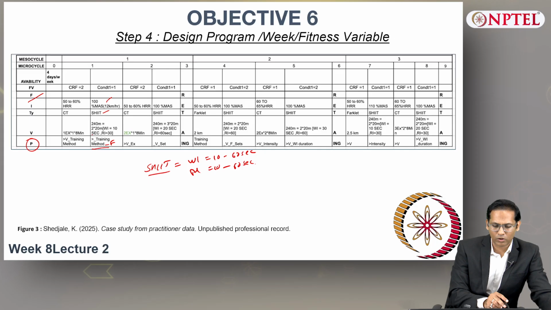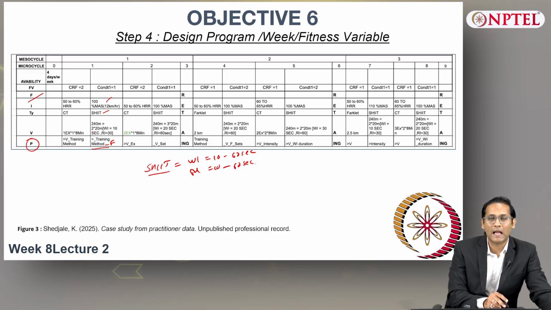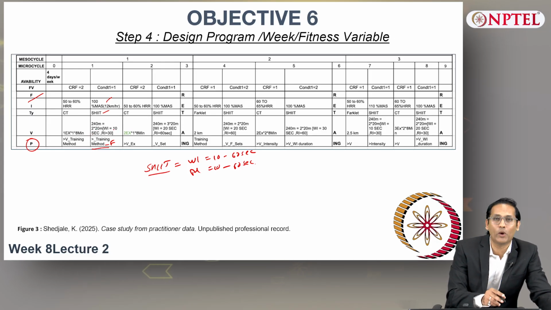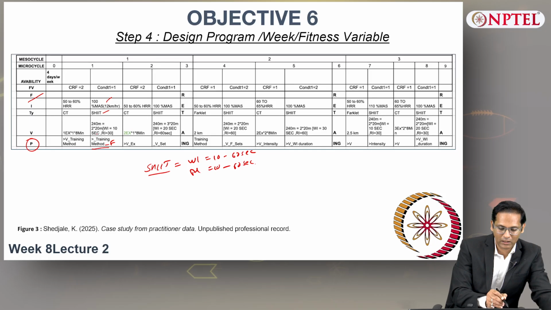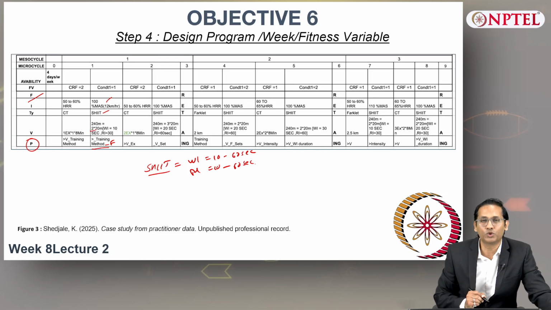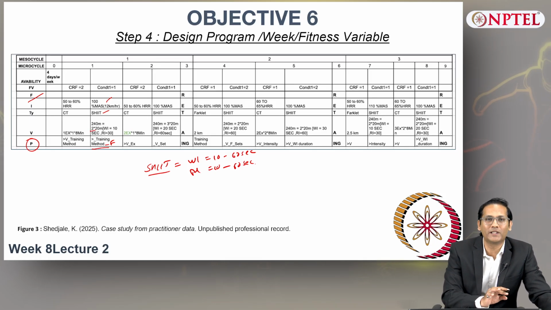So a total of 20 meters distance to be covered, and he will run continuously for 10 seconds at 12 km per hour. This would be the first set. That way the athlete will perform 2 sets. A total of 240 meters of distance would be covered in this workout.